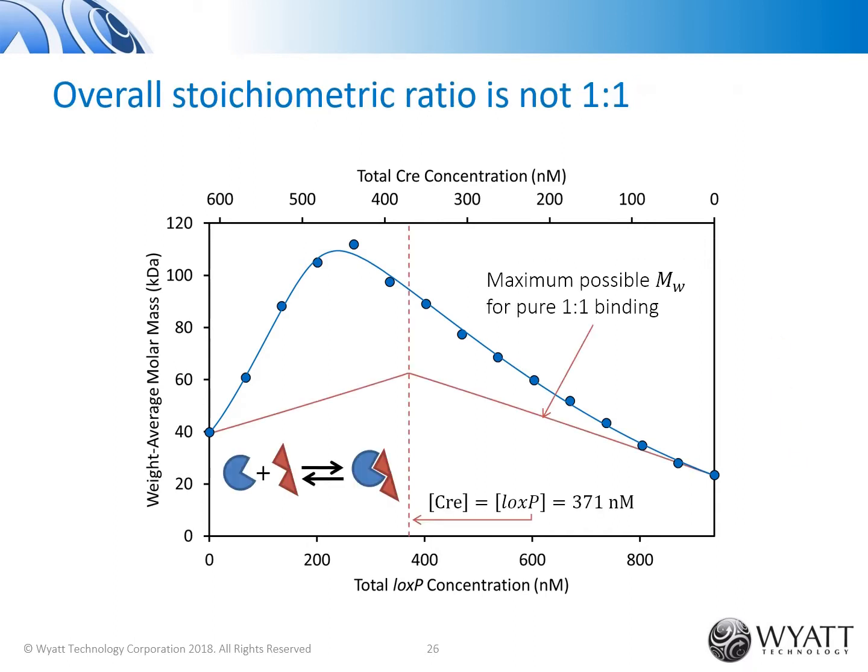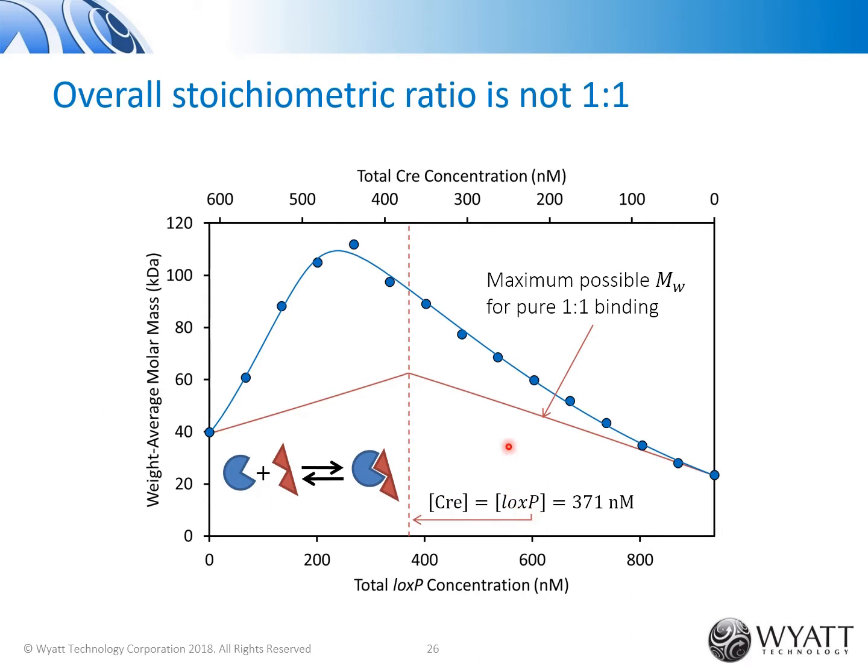So now let's look at the binding in more detail. This red line shows the predicted curve, the predicted molar mass, if only one protein binds to each DNA. The maximum molar mass for this model occurs at a 1-to-1 molar ratio where we have equal amounts of Cre and LOXP DNA.